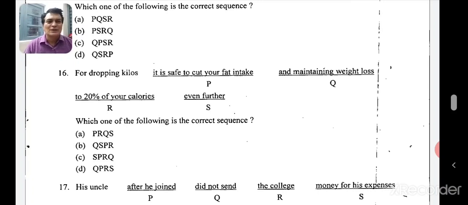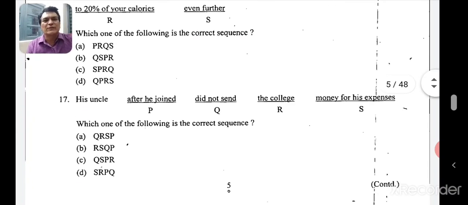So naturally, you have to begin with Q there. For dropping kilos and maintaining weight loss, even further, it is safe to cut your fat intake to 20% of your calories. QSPR. So B is the right answer. We'll go to the 17th one.